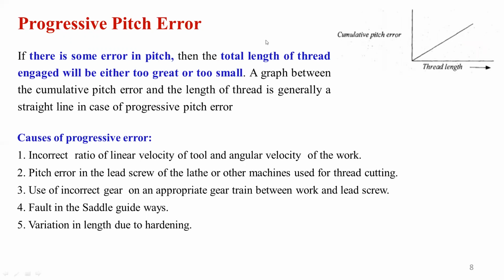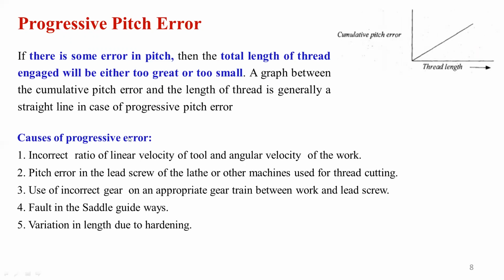Due to progressive pitch error, the total length of the thread engaged will be either too great or too small. This graph shows the cumulative pitch error and the thread length. Generally the relationship between the thread length and the cumulative pitch error is a straight line relationship.